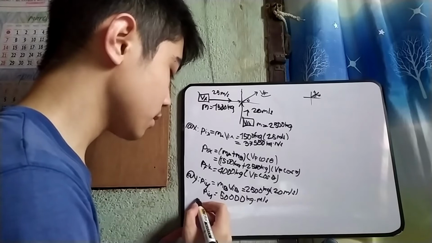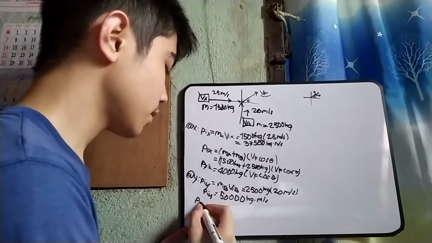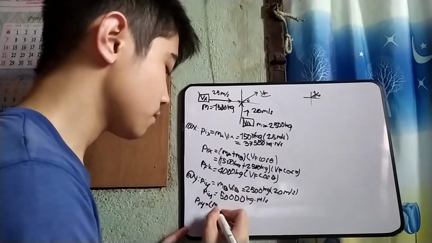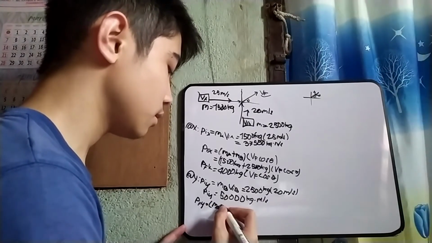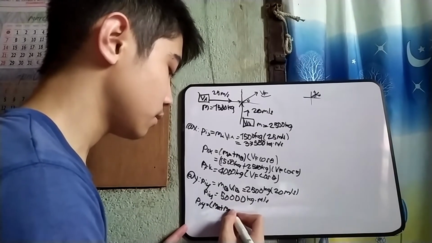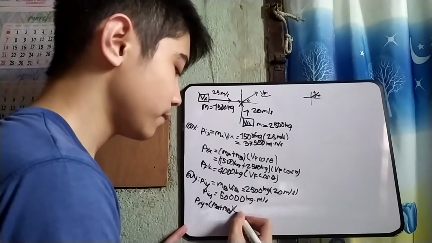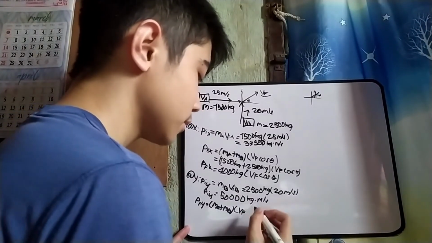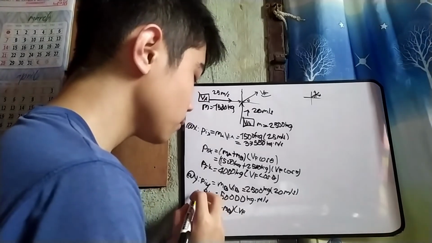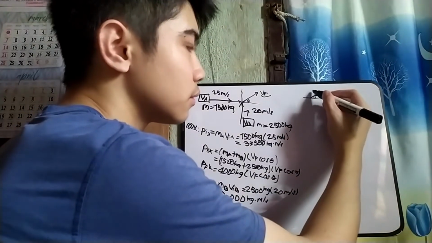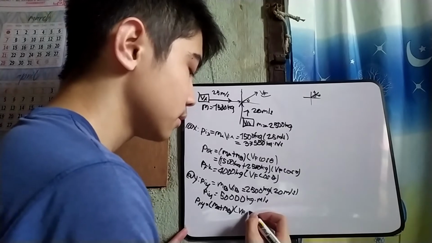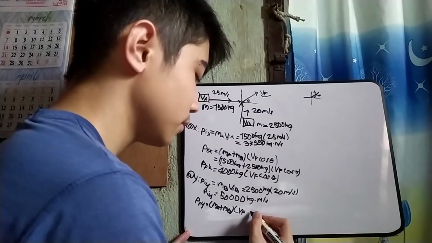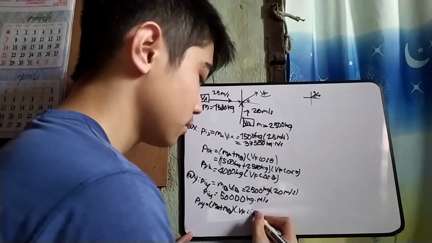Now let us get the formula for the final momentum at y. It is equal to the mass of A plus the mass of B, multiplied by V final. Since it is y, what is it? Y goes with sine. Since it is the y component, sine theta.